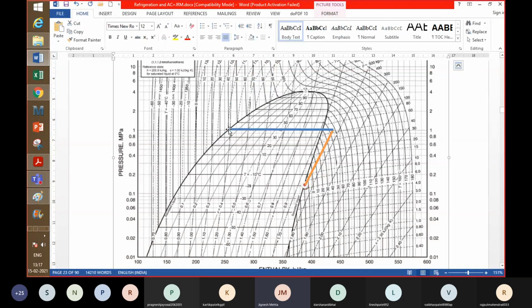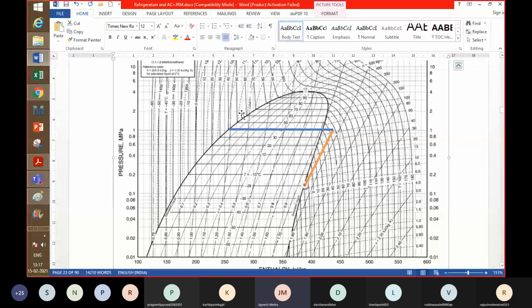So you're going to stop here on the left hand side of this saturation dome, because the assumption in the standard VCR cycle is that the fluid coming out of the condenser is saturated liquid, right? So it is saturated liquid here. So this is your state 3. This is your state 3, 1, 2 and 3.